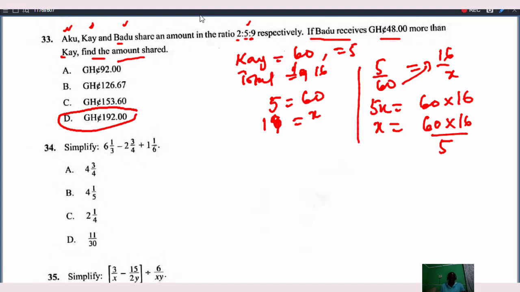Question 34. This fraction, don't solve it, use calculator. So you are going to punch everything in the calculator, which is 6 whole number, 6 whole number, 6 whole number to be 6 plus.